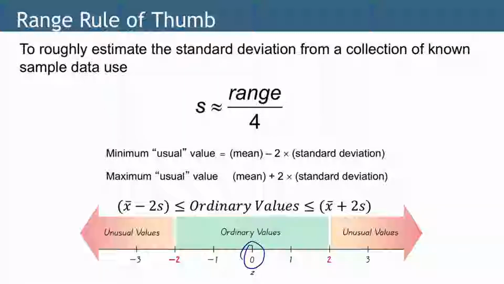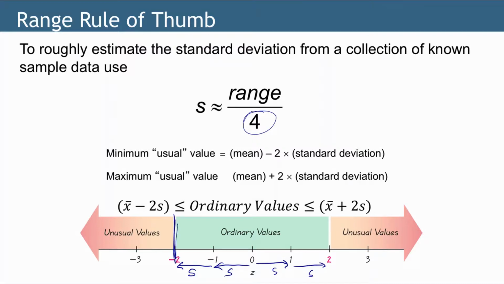Now the 1, the 2, and the 3, and the -1, the -2, and the -3 are standard deviations. So this is 1 standard deviation. This is 2 standard deviations. Here's 1 standard deviation, 2 standard deviations. And so the idea is, roughly speaking, the range, which is the high minus the low, is 4 standard deviations wide. In other words, almost everything fits between here and here, or should.